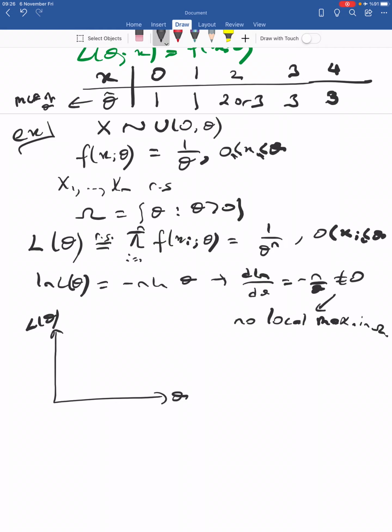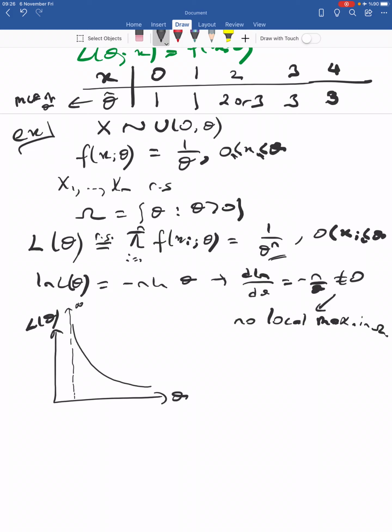Our likelihood function is 1 over theta to the n. When theta increases, it should decrease, so we have such a shape here. For some values of theta close to 0, it goes to infinity.